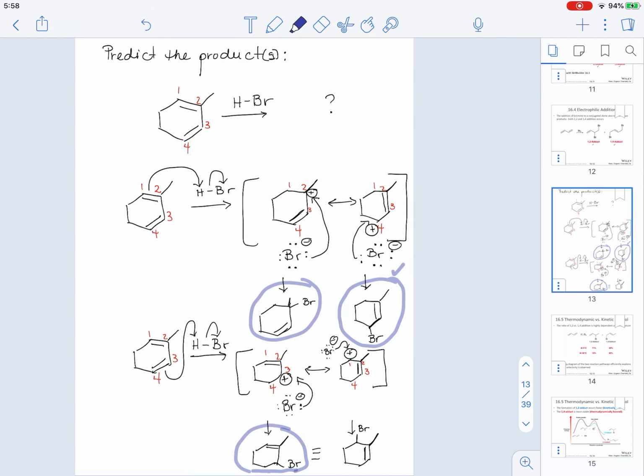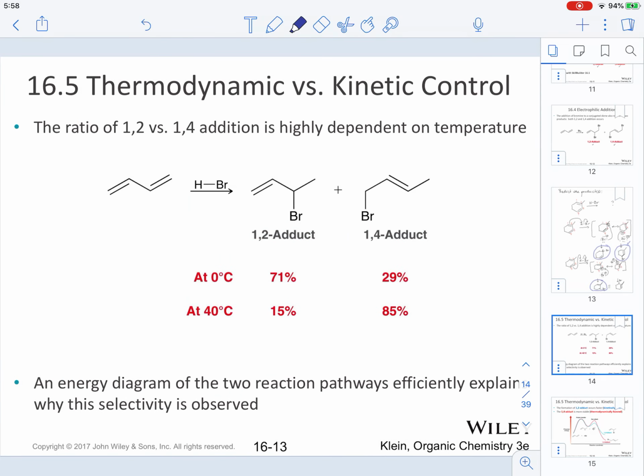Continuing on with the concepts of chapter 16, understand that there are thermodynamic and kinetic controls when it comes to 1,2 versus 1,4 additions to dienes. One of the things that is known is that the ratio of 1,2 versus 1,4 addition is highly dependent on temperature.